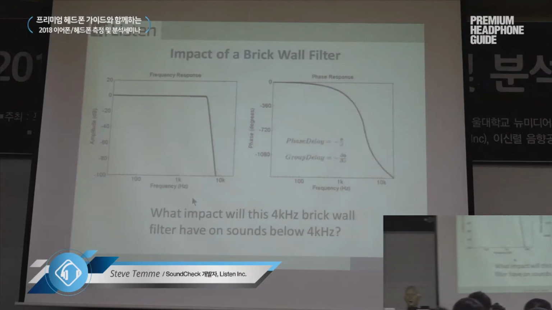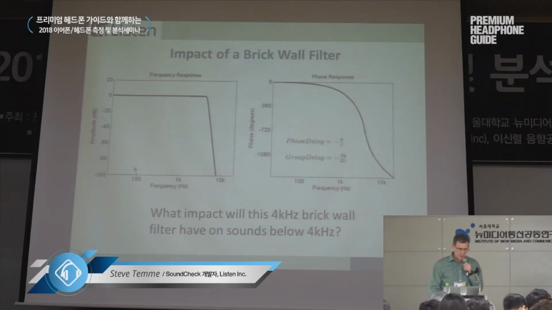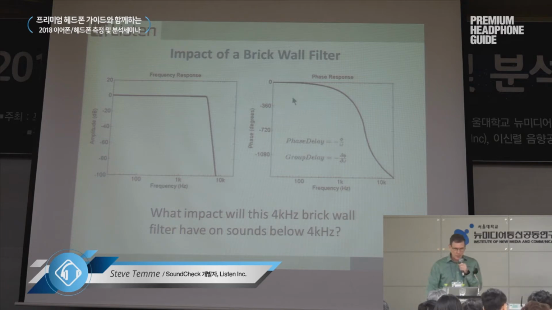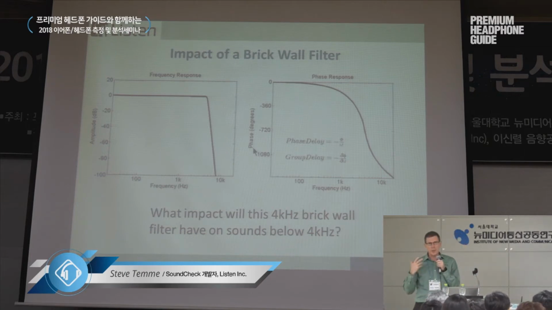Okay, so just to kind of simulate this, we can create what we'll call a brick wall filter, a very steep filter at 4 kilohertz. And because it's a brick wall filter, of course, it's going to have a huge impact on the phase response. The early CD players or playback at 44.1 kilohertz, they had a brick wall analog filter.